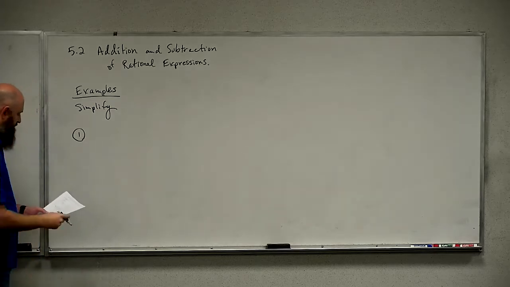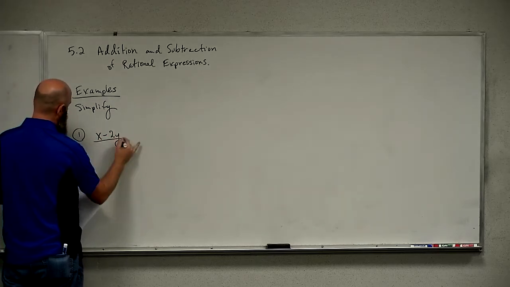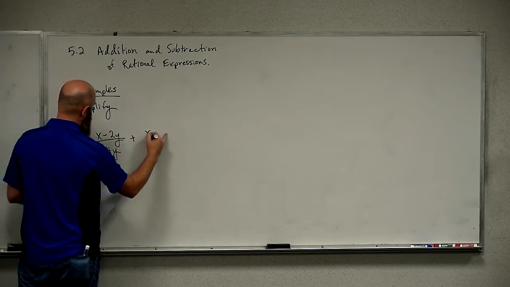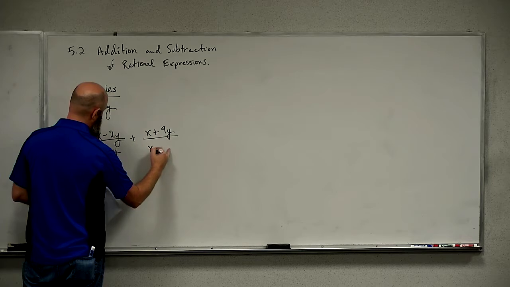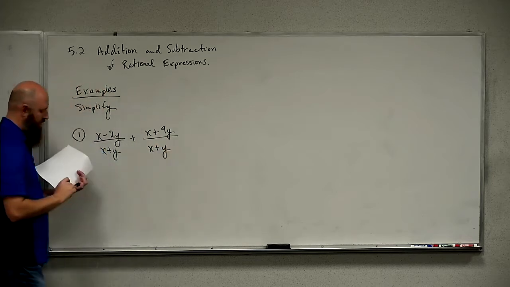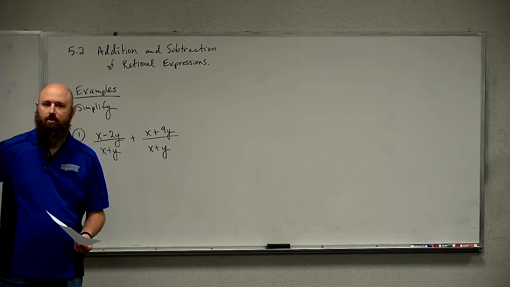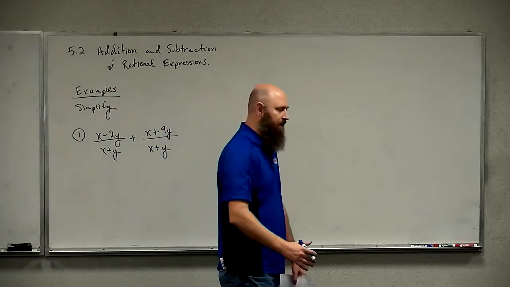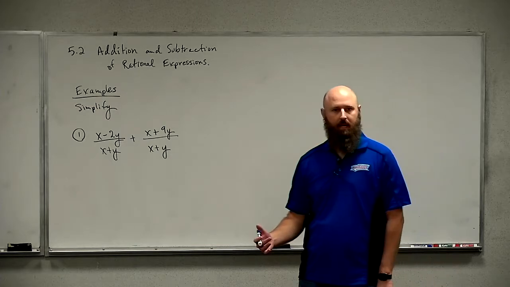So number one, x minus 2y over x plus y plus x plus 9y over x plus y. All right, now hopefully we remember that in order to add fractions, if we just forget about the variables for a moment and think about numbers, we have to have a common denominator.